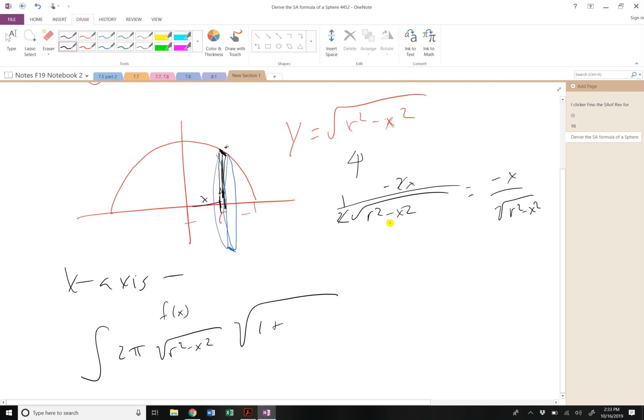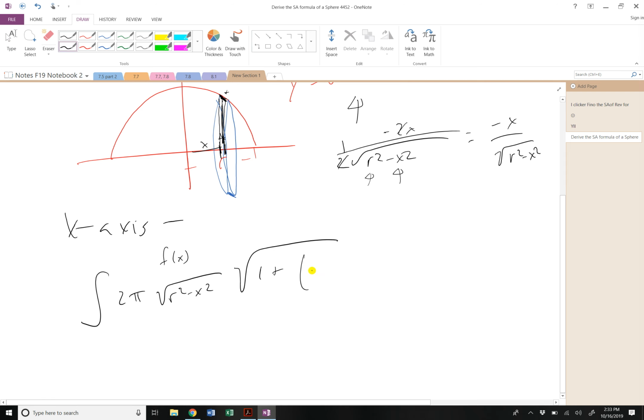Nope, because when I take the derivative, I'm only taking the derivative with respect to x, and so this is a constant. So I won't have that. And then I have to square that. So a negative x over the square root of r squared minus x squared, quantity squared, dx.